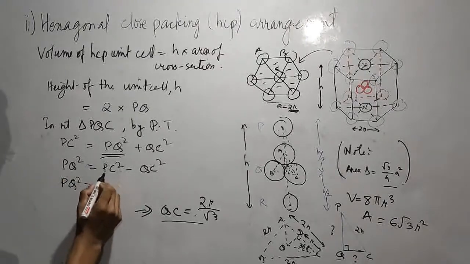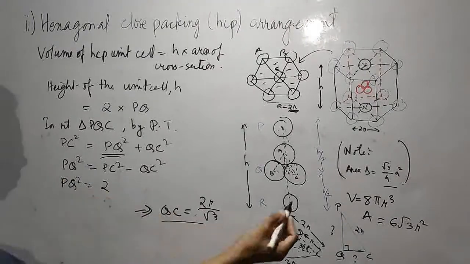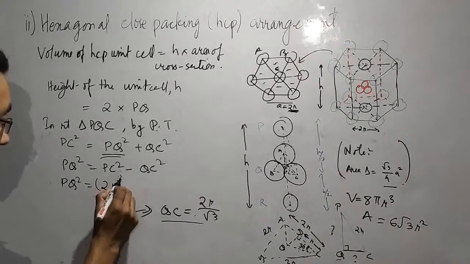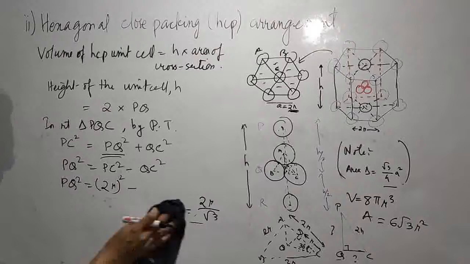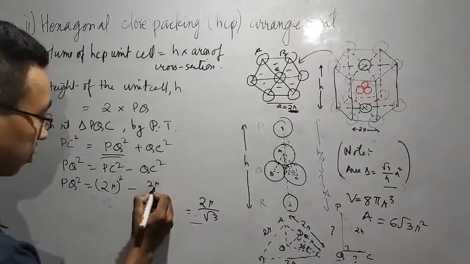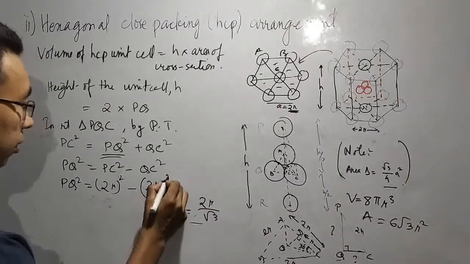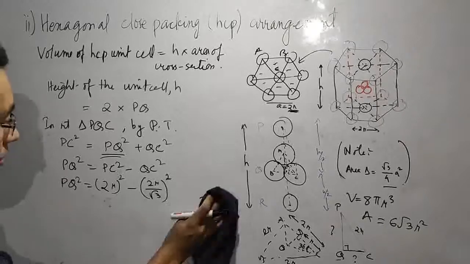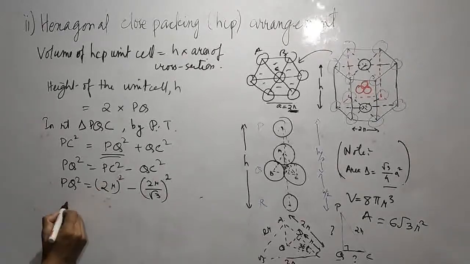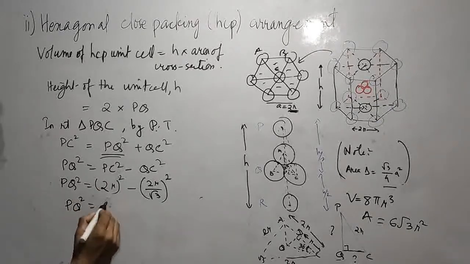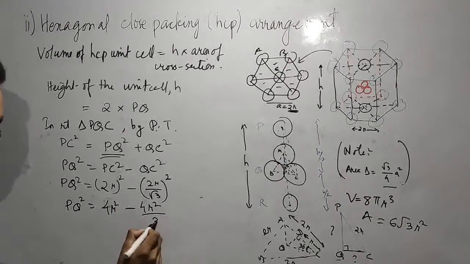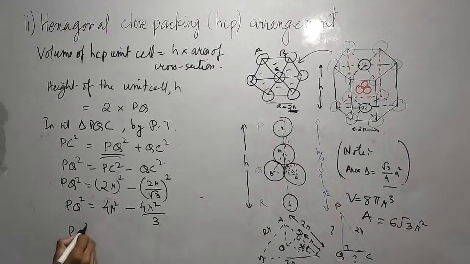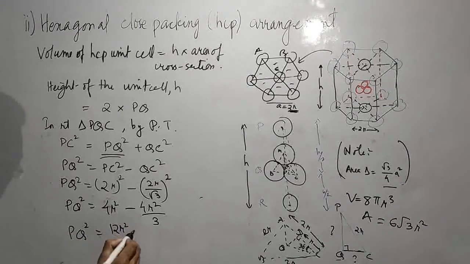PQ square equals, PC value is 2r, so (2r) square minus QC value, which is 2r by √3, the whole square. Then we shall solve this one. This comes to 4r square, and this comes to 4r square by 3. So PQ square equals 12r square minus 4r square, over 3.